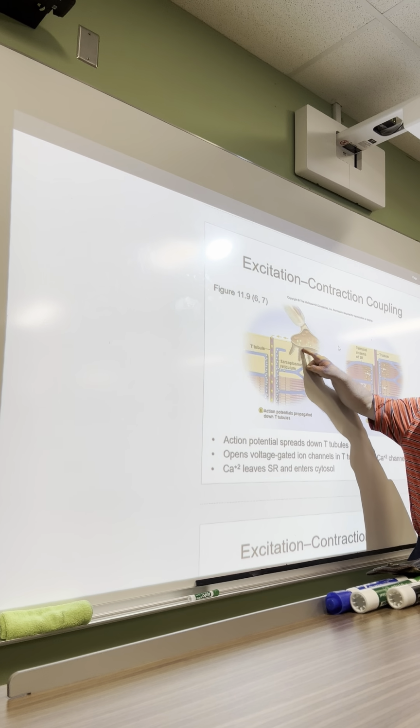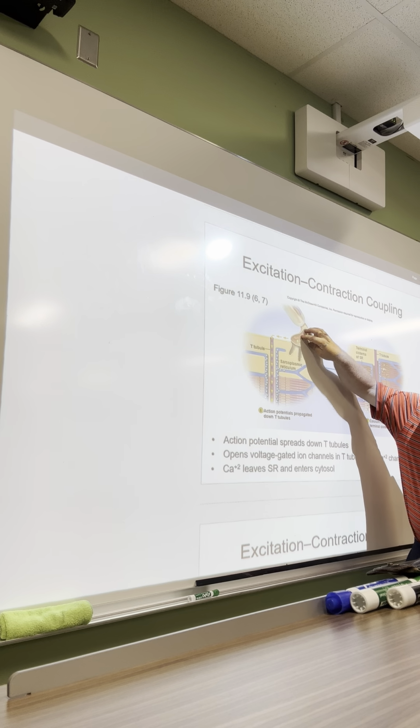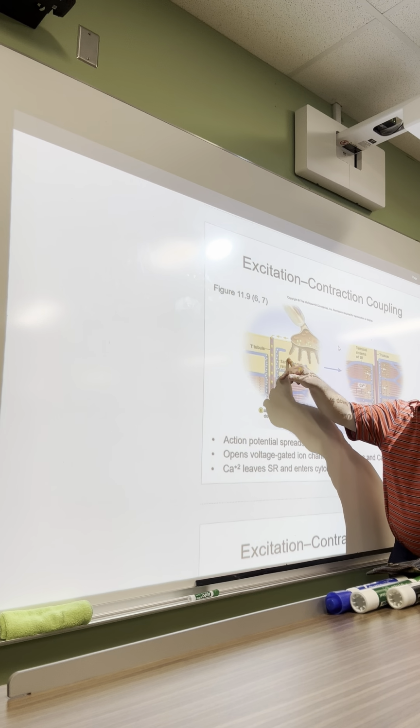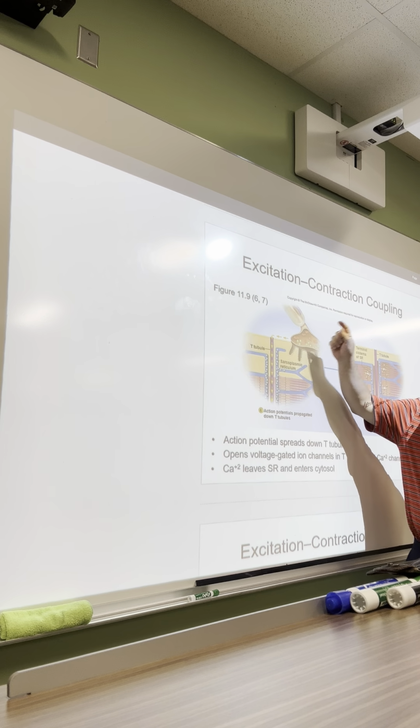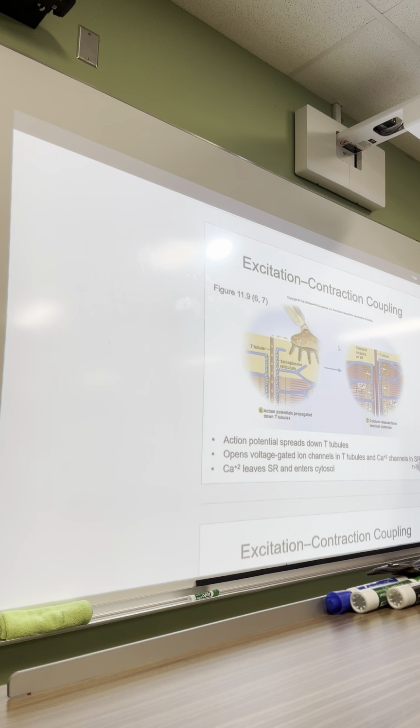So that message. Here's our synapse. We've already excited this area. And these voltage channels are pushing that action potential, and they go right into the T-tubules. Wherever there's a T-tubule, they go in. That voltage change goes in all those T-tubules. When that occurs, the action potential spreads down the T-tubules, headed down the middle.